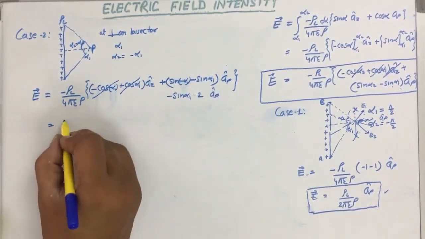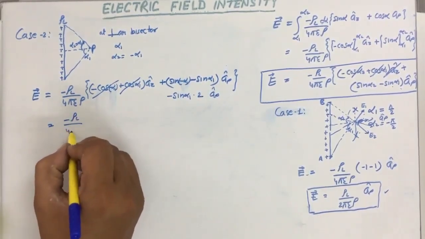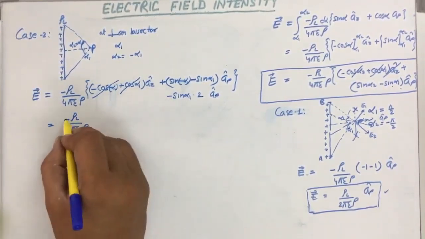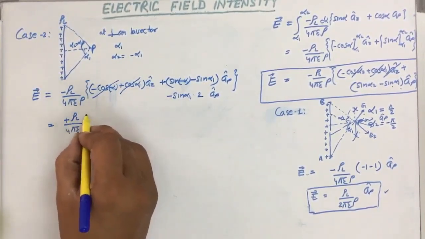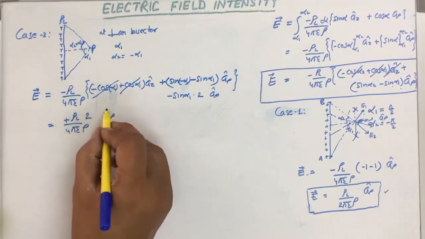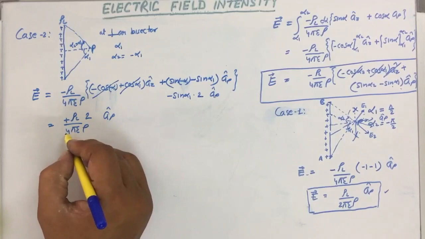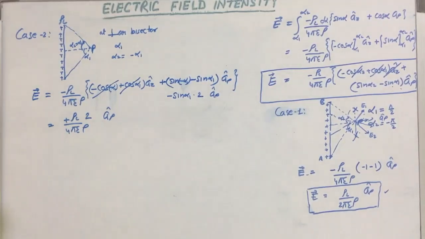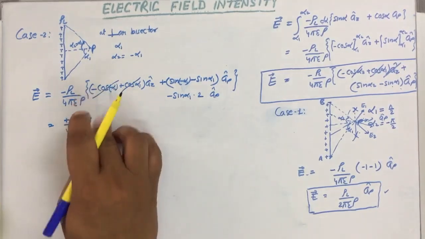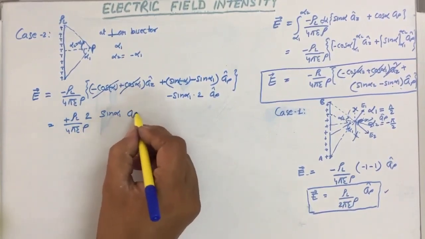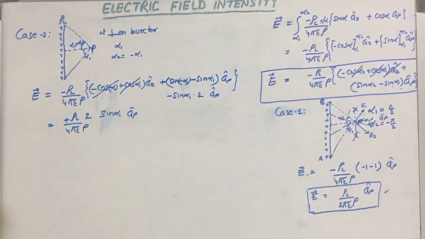If we simplify, we will find 4 pi epsilon rho, minus and minus gives plus, 2 A rho, and if we simplify further, it will give 2 sin alpha 1.